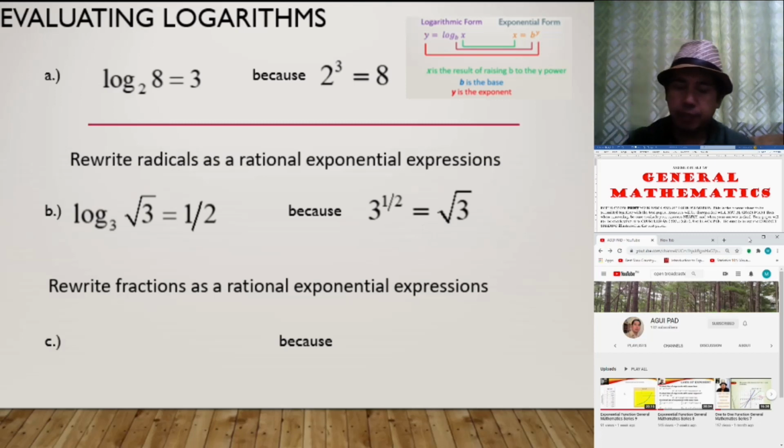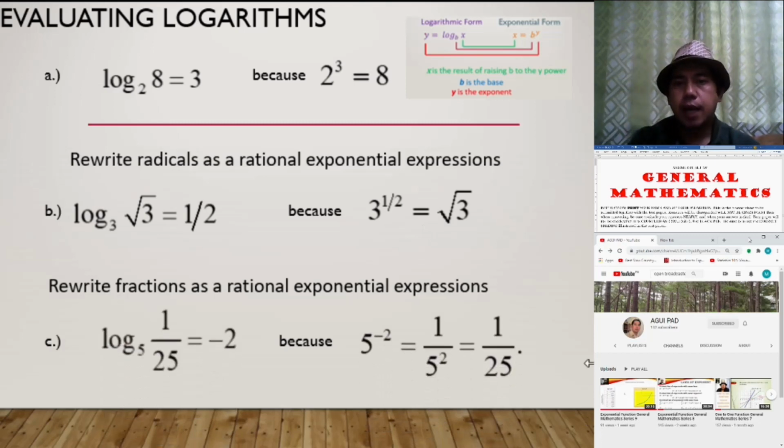Next, I have in here log of 1 over 25 to the base 5 is equated to negative 2. What is the exponential form of this one? Let's repeat again our form.